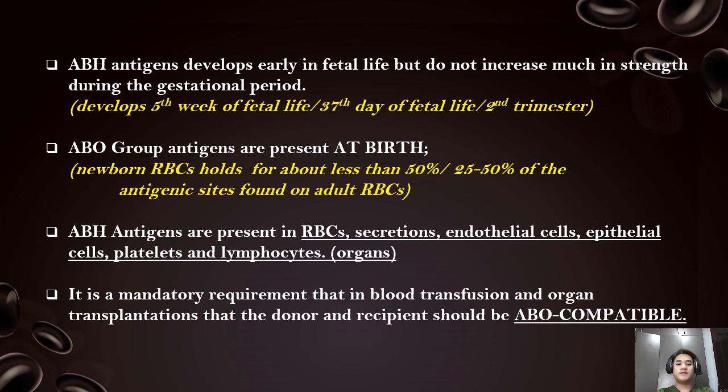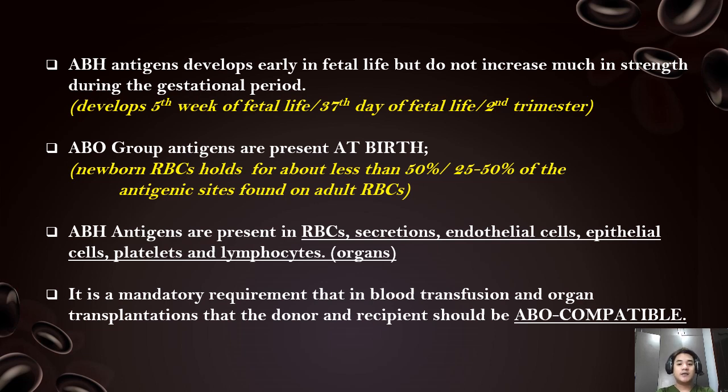So from our previous slides, we have explained in detail your antigen formation and development. We have learned that ABH antigens, in addition to their presence on your erythrocyte membranes and in soluble form in various body fluids or our body secretions, are also present in variable amounts or concentrations on your endothelial cells, your epithelial cells, platelets, and lymphocytes.